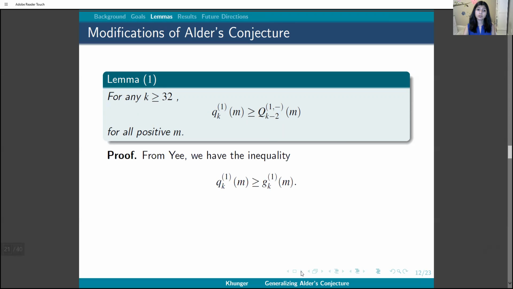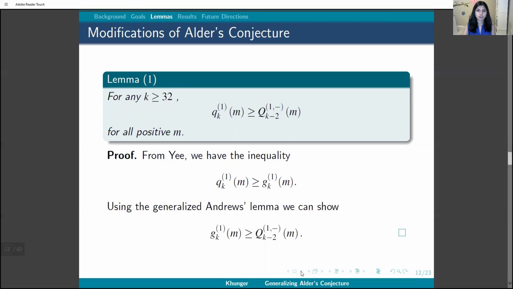The way that this was proved was using methods of Yi, and she showed that this little q function was greater than or equal to this little g function, which she defines in her paper. And then using the generalized Andrews lemma, we showed that this little g counting function was always greater than or equal to big Q sub k minus 2,1 dash of m, thus proving lemma 1.